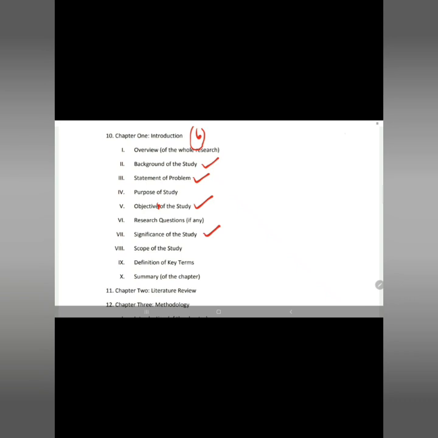Only this. Chapter 2, I don't need it. So your chapter 2 will be your methodology. This is number 7.